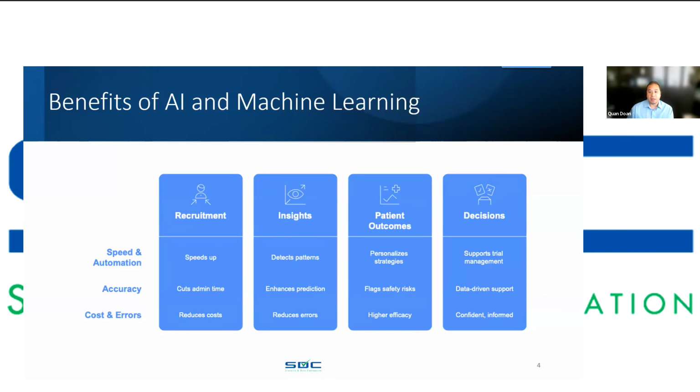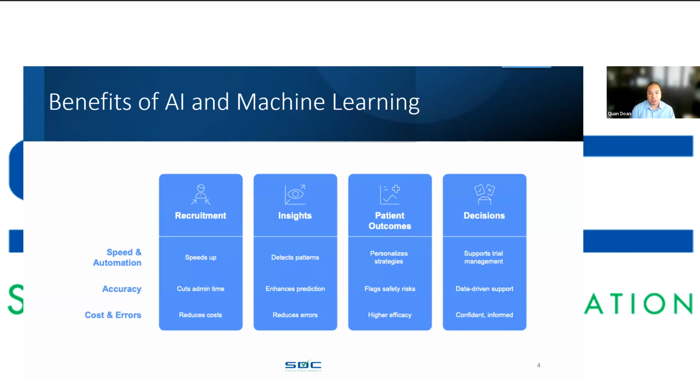And again, data-driven insights, right? The incorporation of AI into our space allows data management teams and biostatistics to perform enhanced data analysis and improve prediction accuracy, right? We see some of this in coding automation.